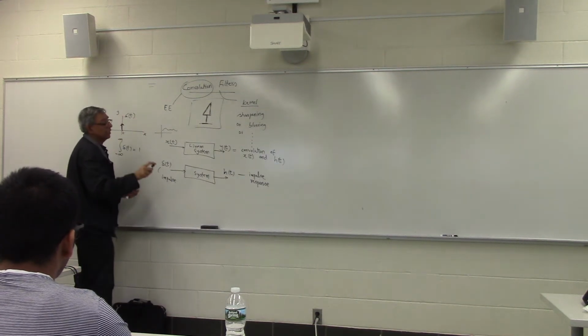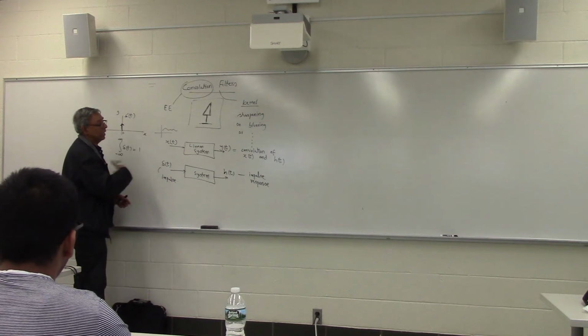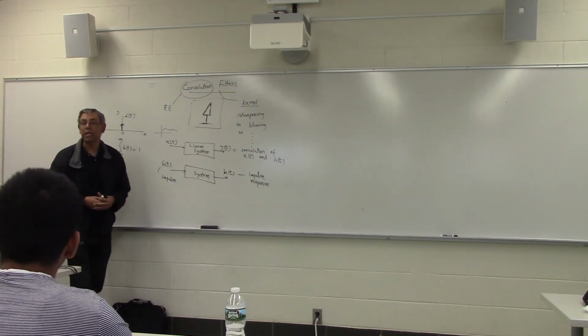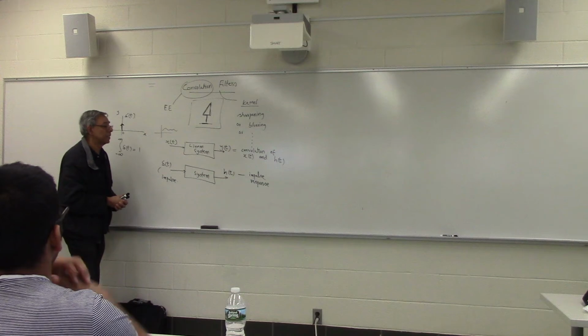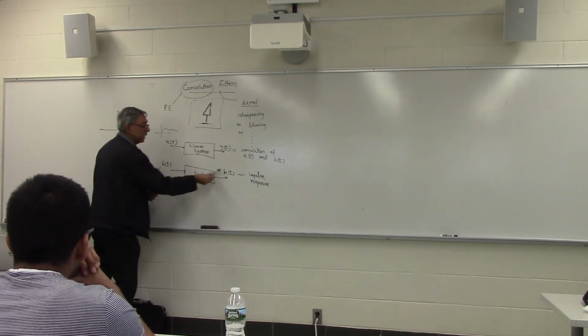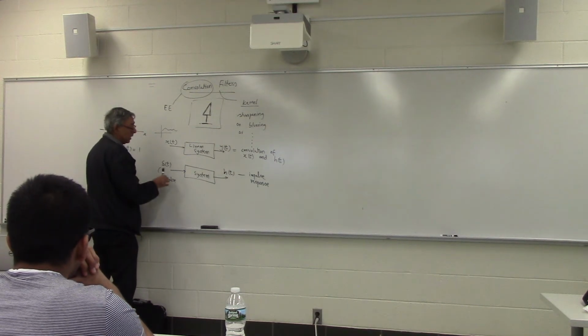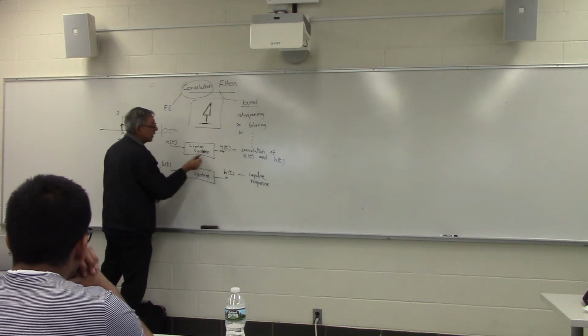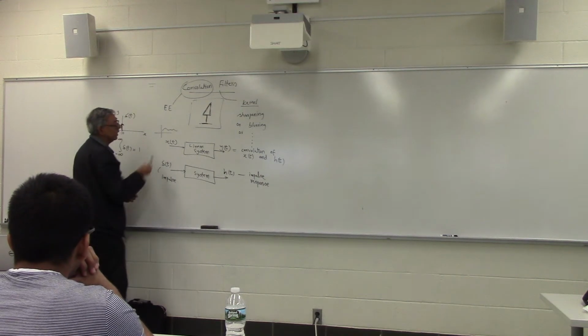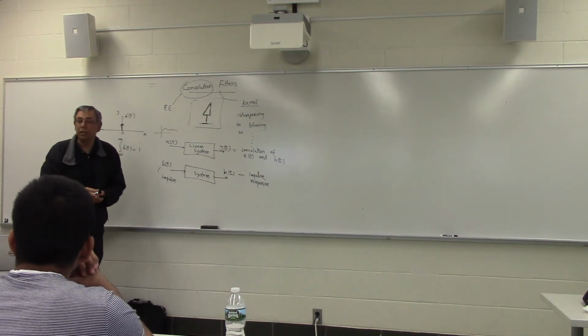All systems in nature, including imaging systems that we will create, behave this way. So once you know h of t, it helps us determine the output for any given input by simply doing the convolution.